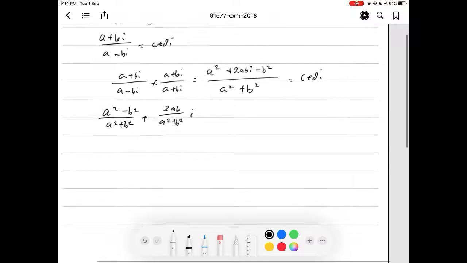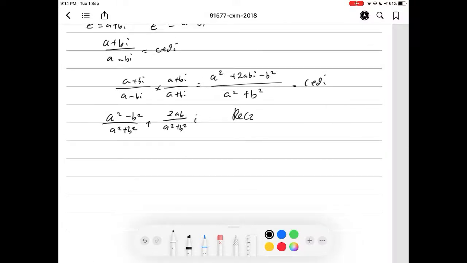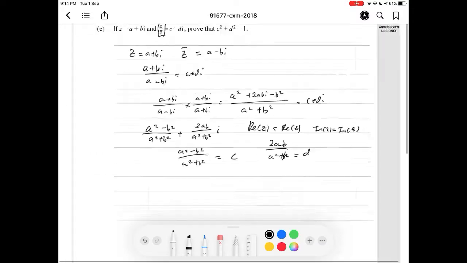So real part equals real part, imaginary part equals imaginary part. Therefore a squared minus b squared over a squared plus b squared equals c, and 2ab over a squared plus b squared equals d.